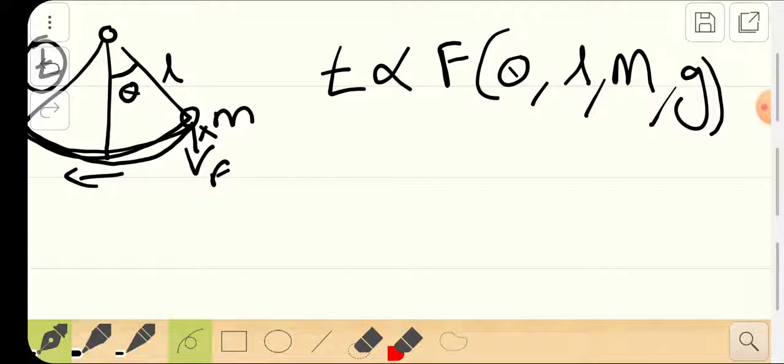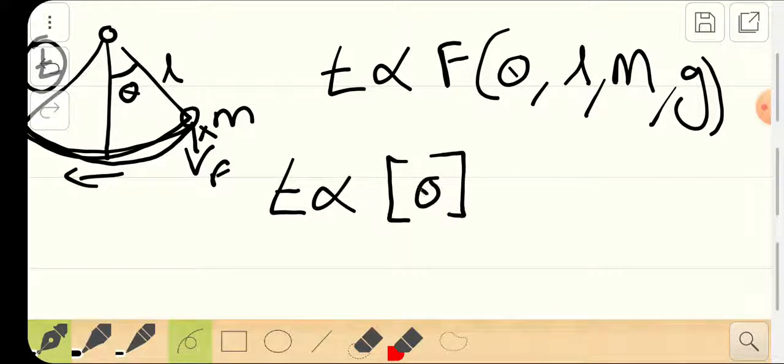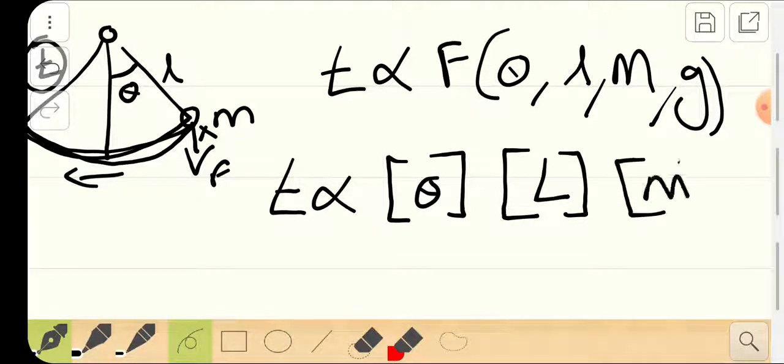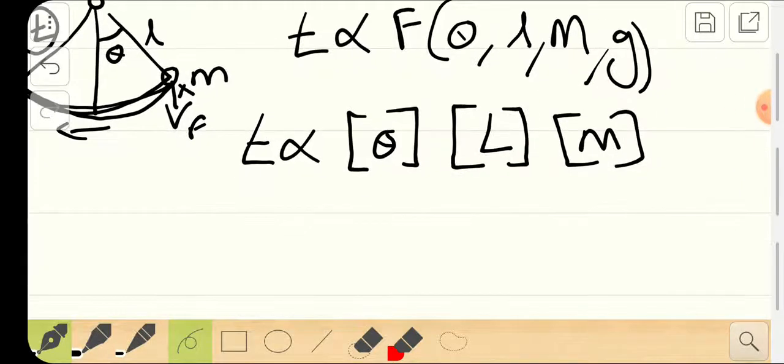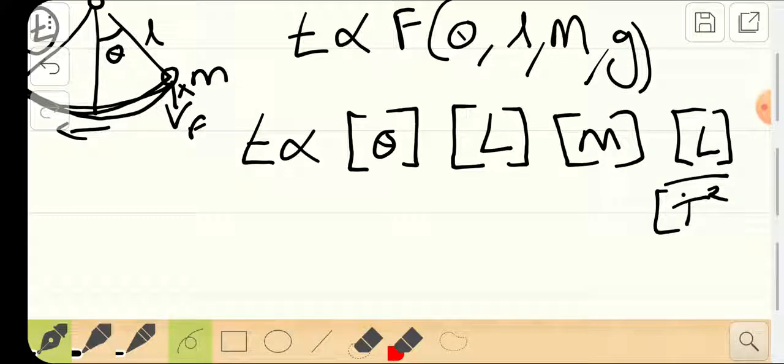So we can write down that T must be proportional to theta, which is in radians, so it has no dimension, and L, which has the dimensions of length, and mass has the dimensions of mass, and g has the dimensions of L by T squared.